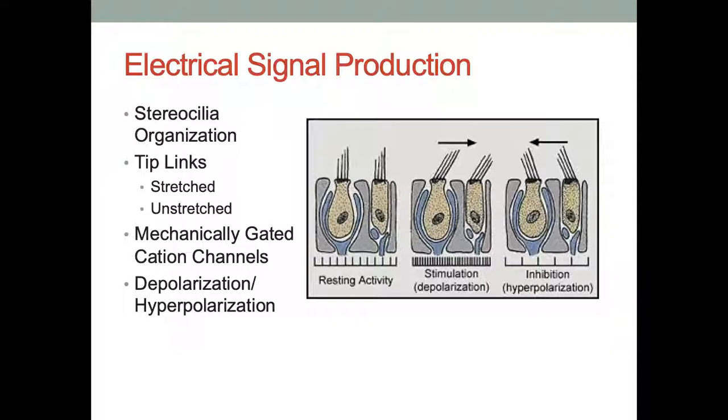Now, these hair cells don't undergo action potentials on their own. They communicate via chemical synapse with the terminals of the afferent nerve that conglomerates into the auditory or cochlear nerve.